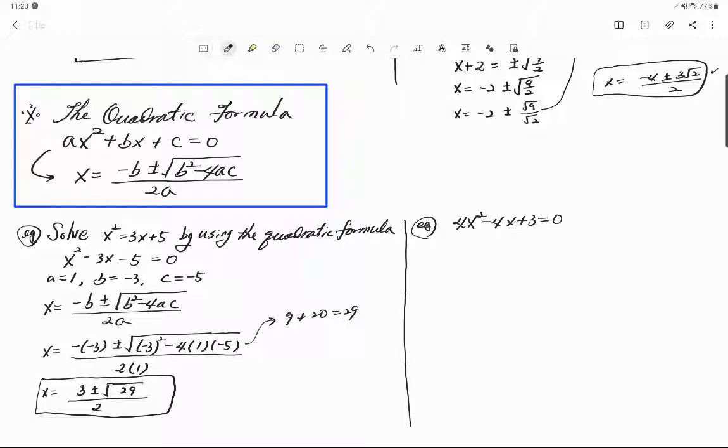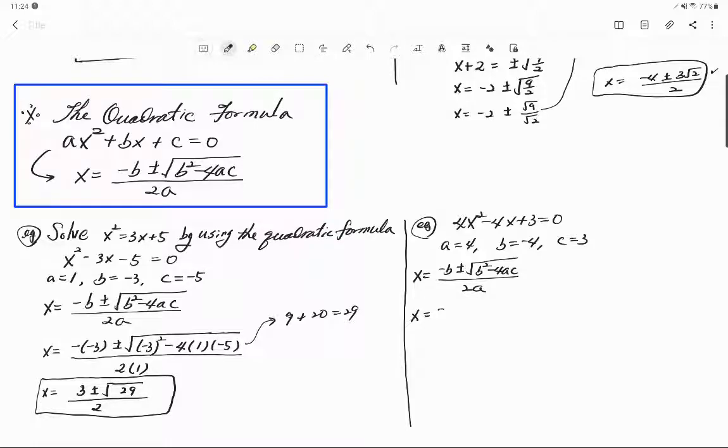Okay, let's try this example. Here the coefficient of x squared is 4. So a equals 4, b equals negative 4, and c equals 3. So write the quadratic formula, which is negative b plus or minus square root of b squared minus 4ac over 2a. So x equals, now substitute all these variables.